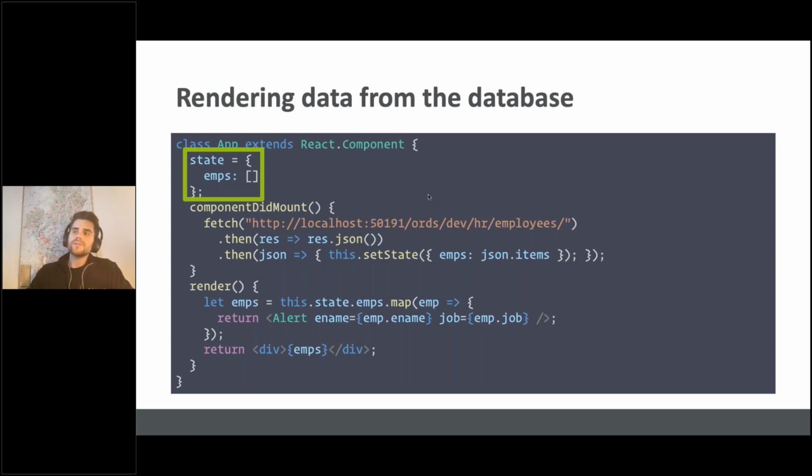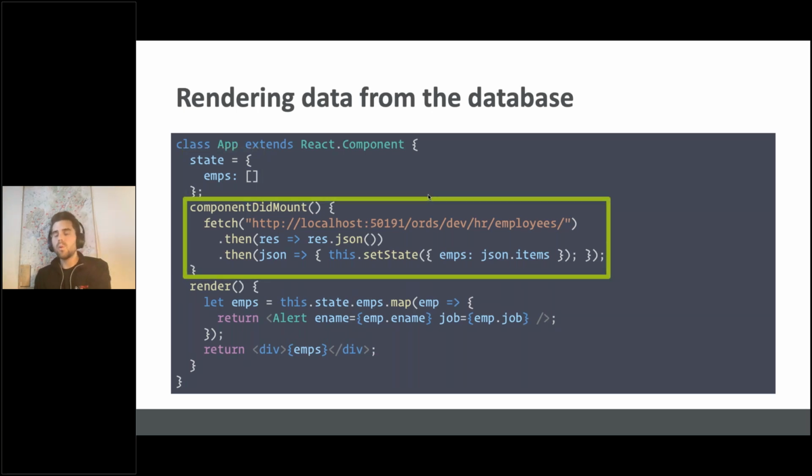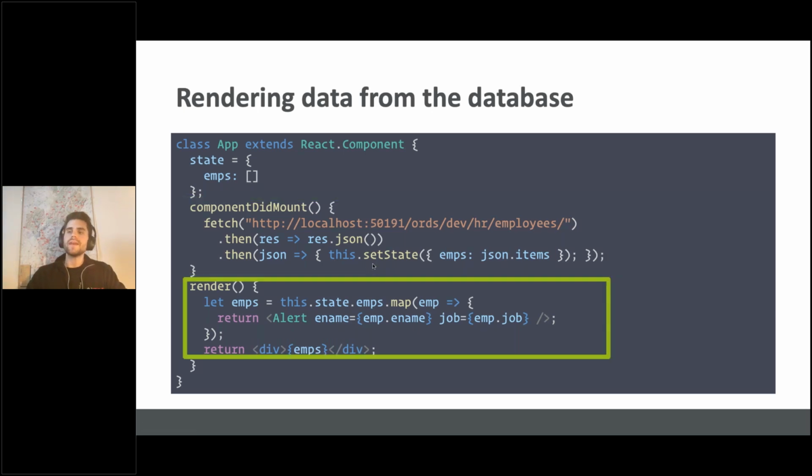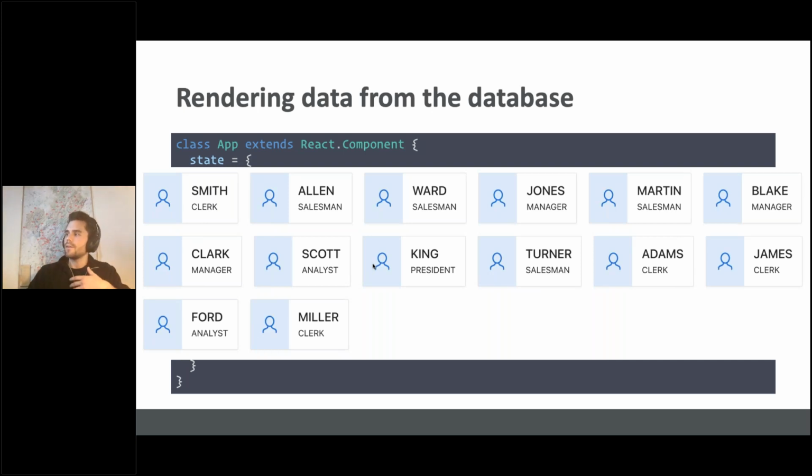So one way to do this is to have the array be empty at first, and then pull the data from the database from a REST endpoint, which gets all the employees. Then, from the result of this REST call, we are able to change the state of my component. So we're overriding this empty array with the content of the database, and then we can render by looping over all of the employees and rendering the alerts, which makes something a lot more dynamic.